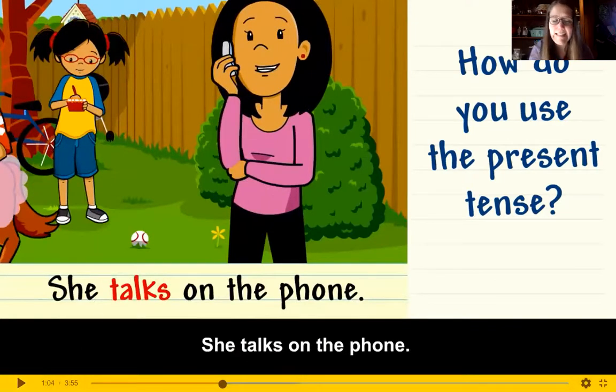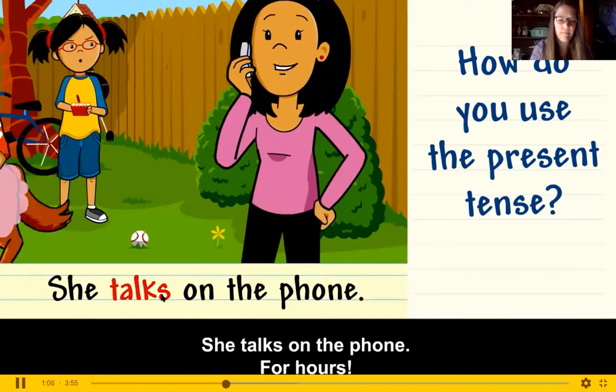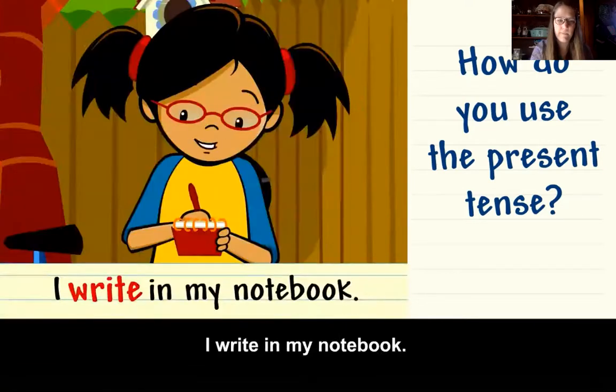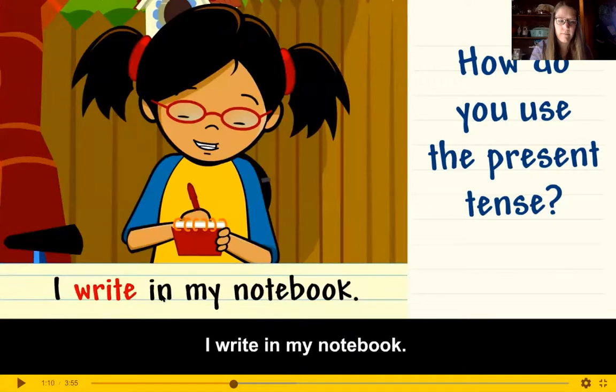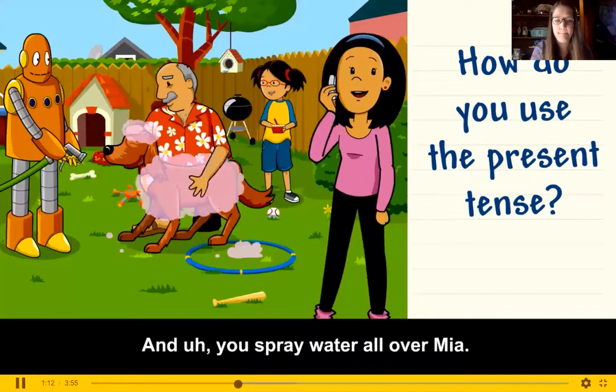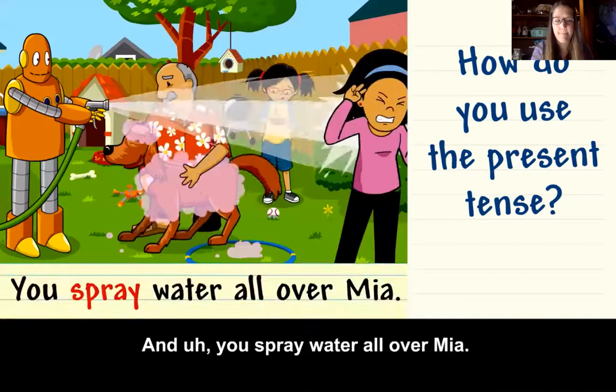And the verb in that sentence is talks. And because it's happening right now, the word is talks. For hours. I write in my notebook. So again, the verb is write. That's what she's doing right now. And you spray water all over Mia.